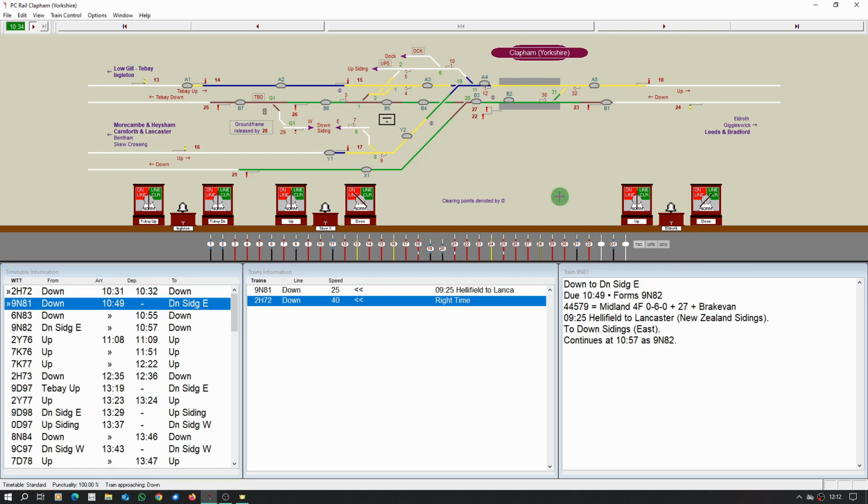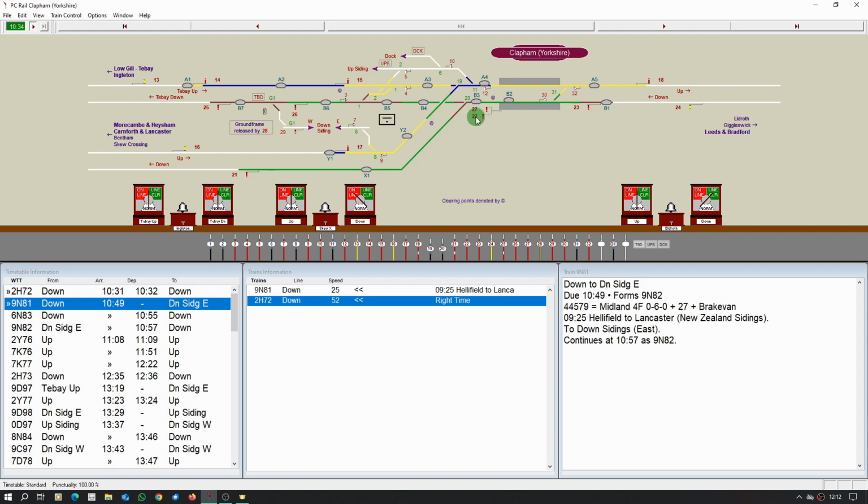Got the line clear, so I'll accept that. Now if I can't fit the full train in between 22 and 30, if these points are still locked, I will have to clear 22 or 27. I'll clear 22 so it keeps the up line free. Of course, if I wanted to go across here, then it's fouling this line in case I've got anything on the up.